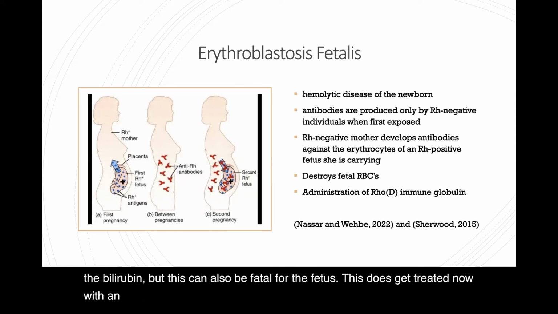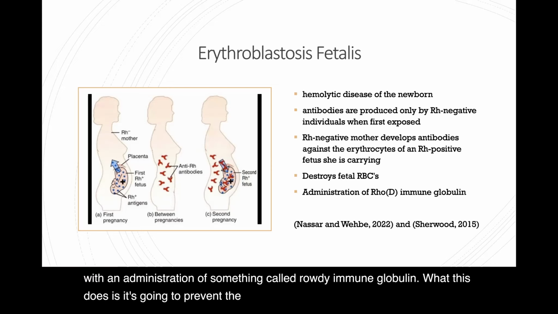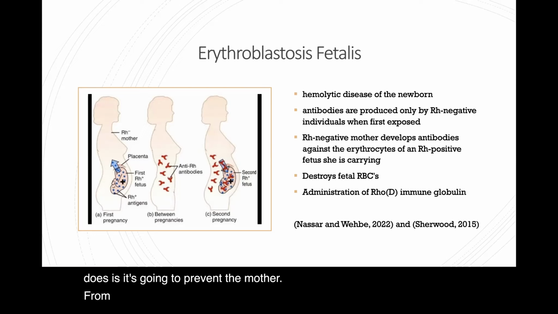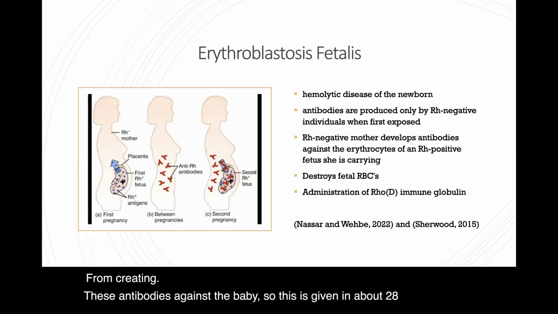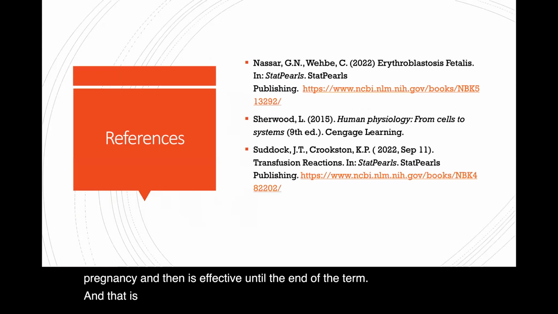What this does is it's going to prevent the mother from creating these antibodies against the baby. So this is given at about 28 weeks pregnancy, and then is effective until the end of the term. And that is a little bit about erythrocytes, blood types, and transfusion reactions.